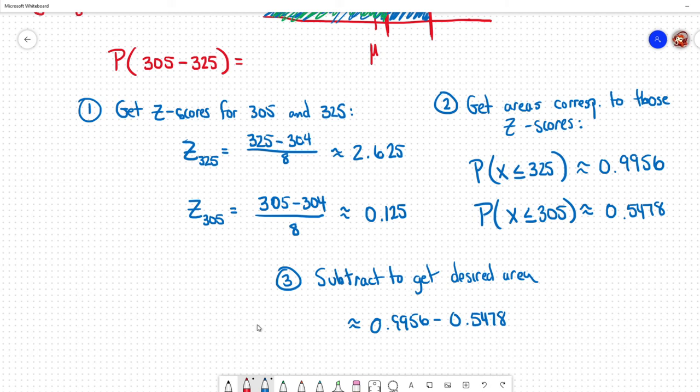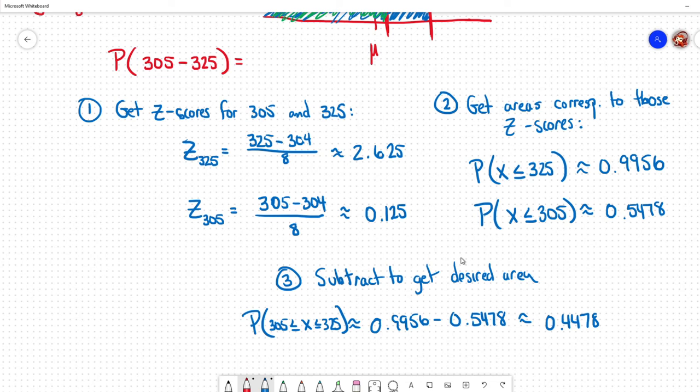That's the probability of getting between a 305 and a 325 distance on hitting the ball for Tiger Woods. Subtracting those two numbers, we get about a 0.4478. So approximately a 45% probability that we would hit somewhere in those distances.